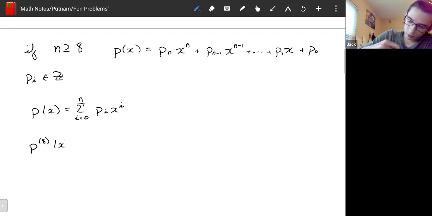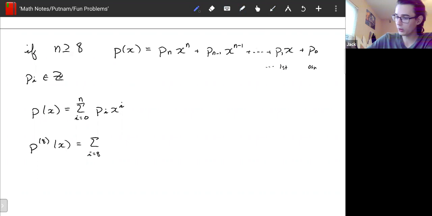Taking the 8th derivative of this polynomial, it'll just give us a sum from i equals 8, because remember, all of these terms that are less than 8, where this is the 0th term, this is the first term, and so on, the terms that have degree less than 8, when we take the 8th derivative, will be identical to 0.